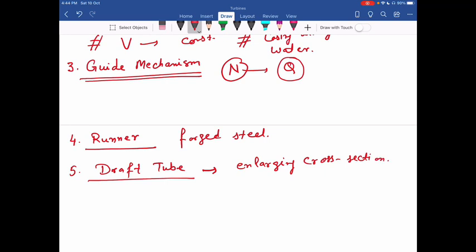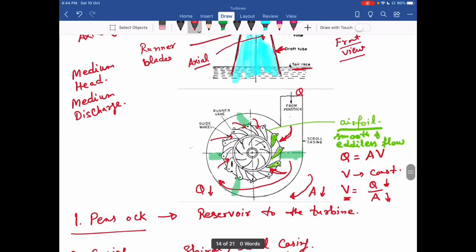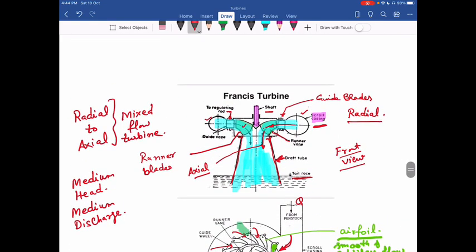And it connects the outlet of the turbine to the tailrace. Okay. So that is the draft tube. You can see here the draft tube that connects the outlet of the turbine to the tailrace.